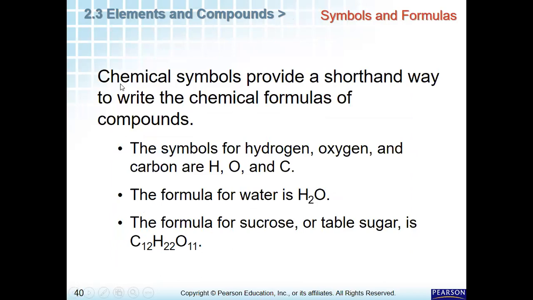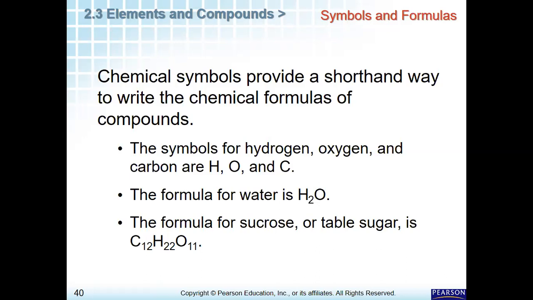Chemical symbols provide shorthand. It's like an abbreviation for the element. So you can write the chemical formula of compounds, or even the symbols of the elements, as a shortcut. If I said hydrogen, I wouldn't say hydrogen, I will say capital H. If I want to say oxygen, it will be capital O, and C instead of carbon.